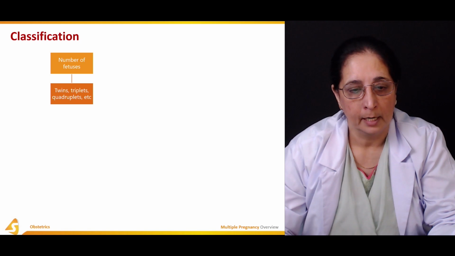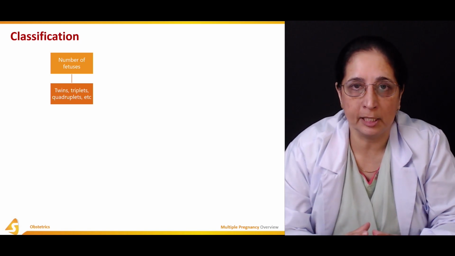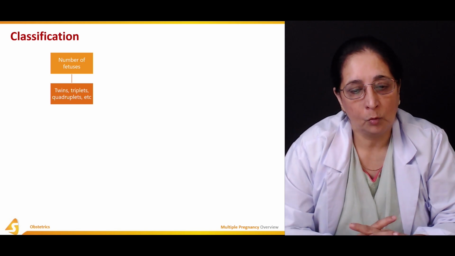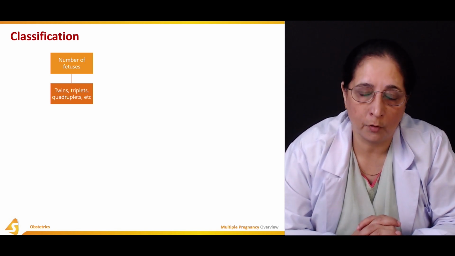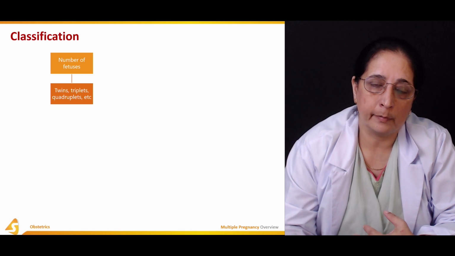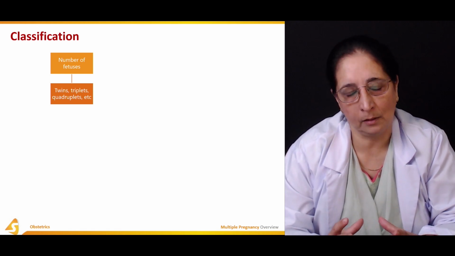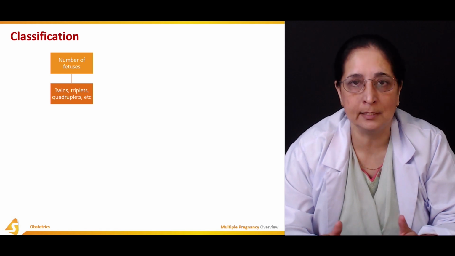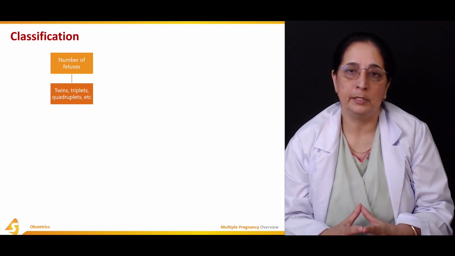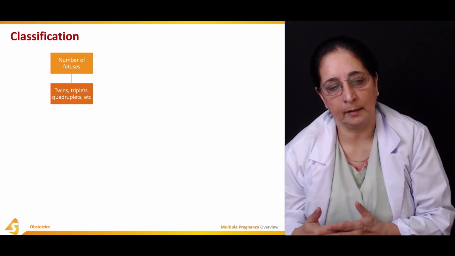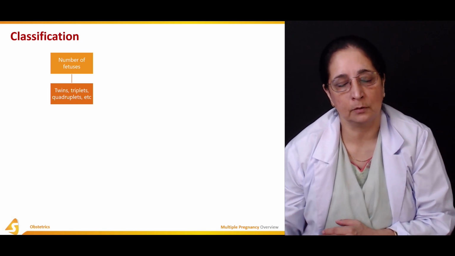It can be twins, having two fetuses, triplets, three, quadruplets, four, and so on as the number goes up. Up to triplets is not that uncommon. Twins are the most common, but triplets can occur, and also quadruplets and so on.